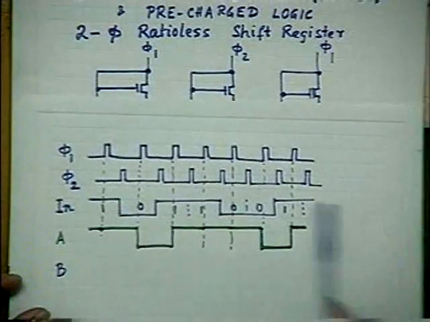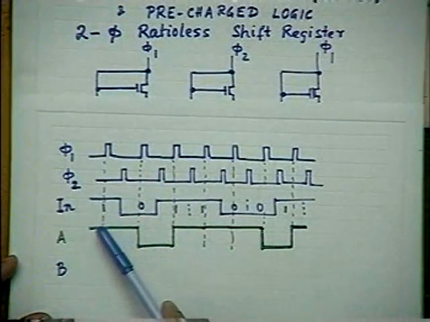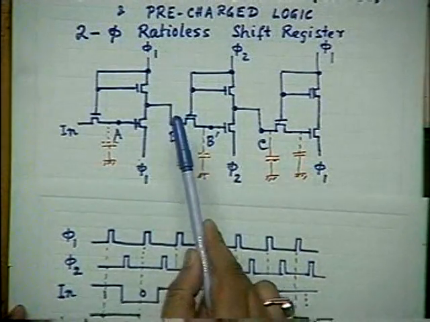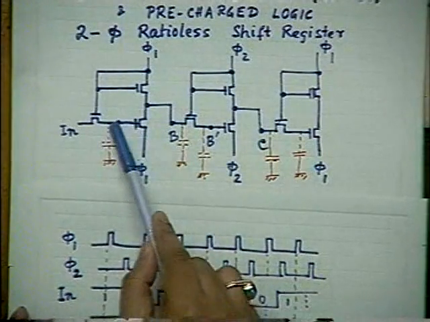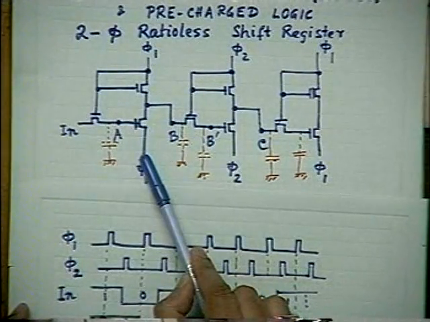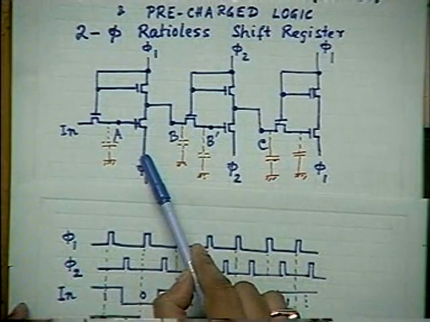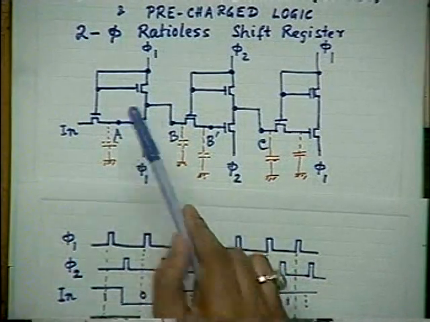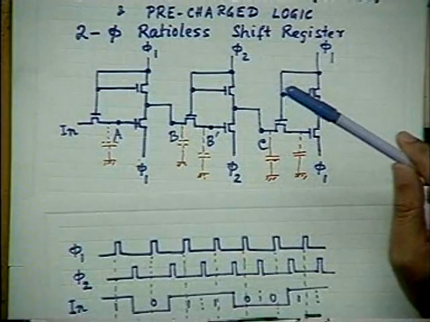See that at this particular instant of time, A is high. From this point to this instant, A is high. So A is high means this transistor's gate voltage is high. Now when phi 1 is 0, the gate to source voltage is high, then this transistor is on. Please remember that for this transistor, the source and drain interchange.